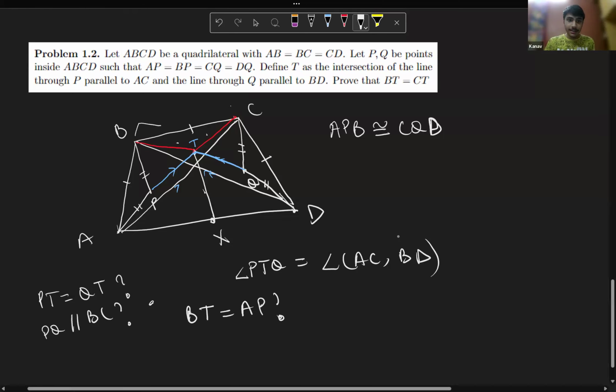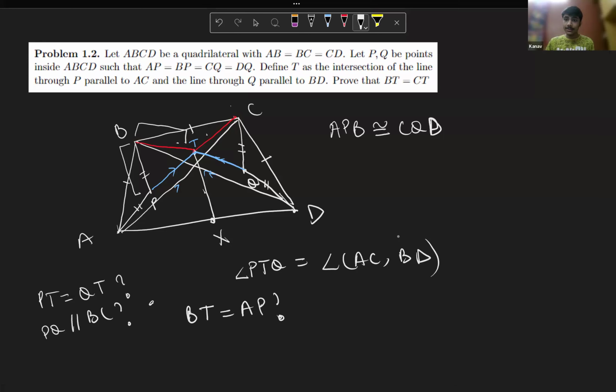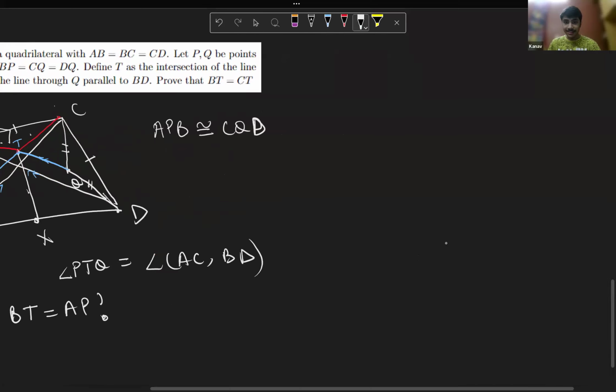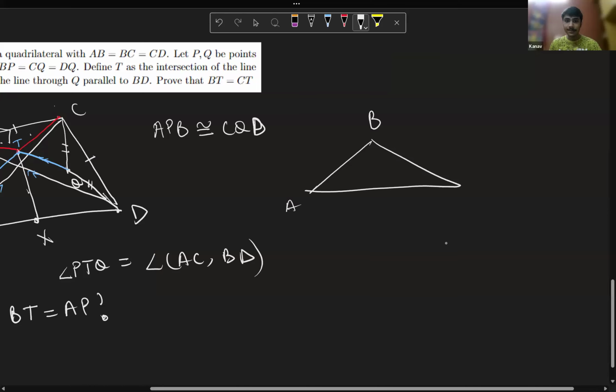Notice BPT is an isosceles triangle. BAC is also an isosceles triangle, like this. We have BPT as another isosceles triangle like this.